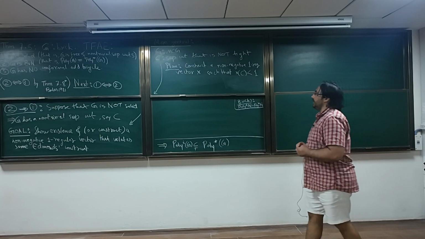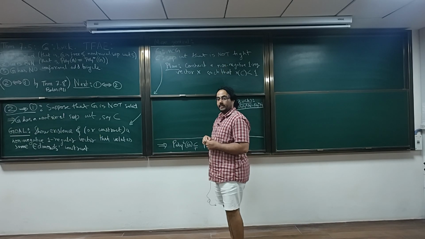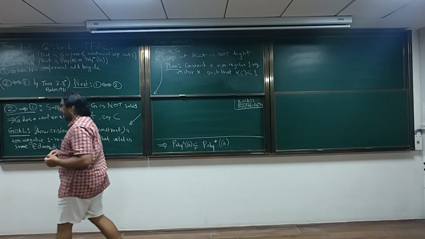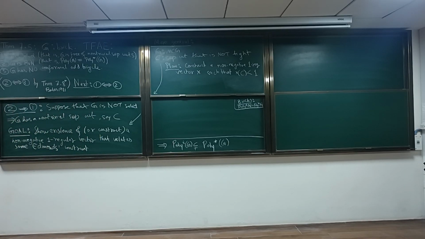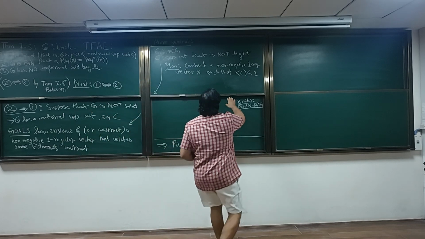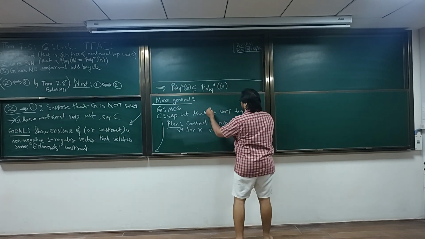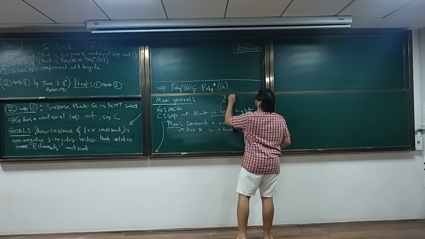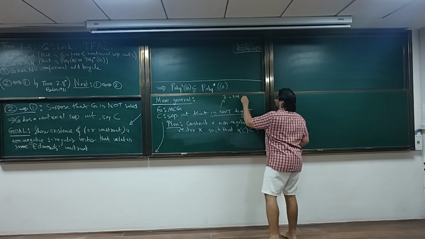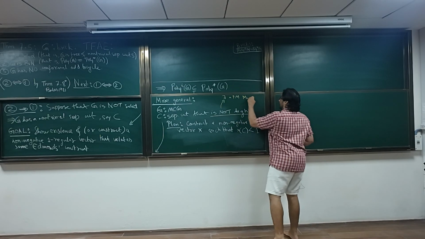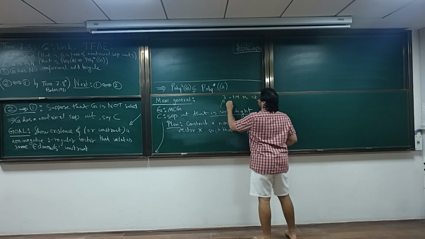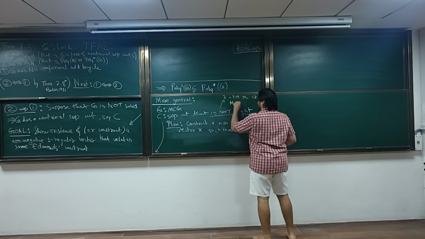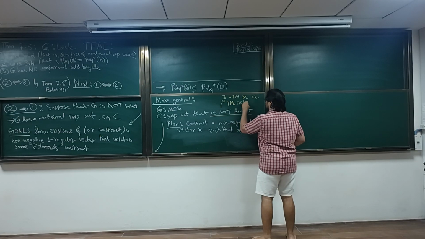The facts that we will use about C are exactly what is given: a separating cut that is not tight. The fact that it is not tight means that there is a perfect matching that meets the cut in more than one edge, therefore at least 3 edges. We don't even need at least 3, we need only greater than 1, but anyway, I'll write it. So, since it is not tight, there exists a perfect matching M0 such that the size of M0 intersection C is at least 3.